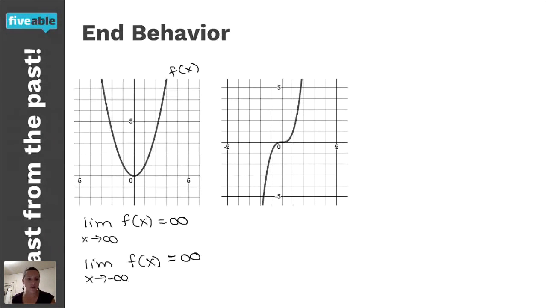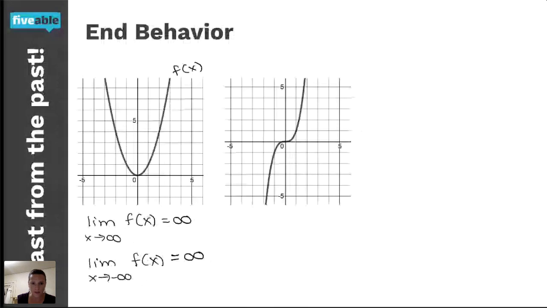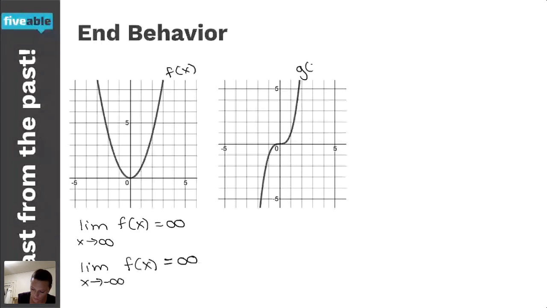Let's check out another graph. This time we'll call this graph g of x. Woo, we got zoomed in there. My limit as x approaches infinity of g of x, and my limit as x approaches negative infinity of g of x.